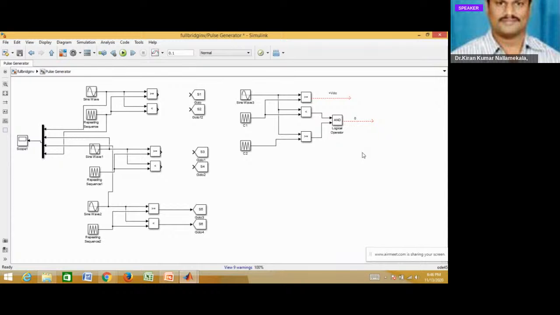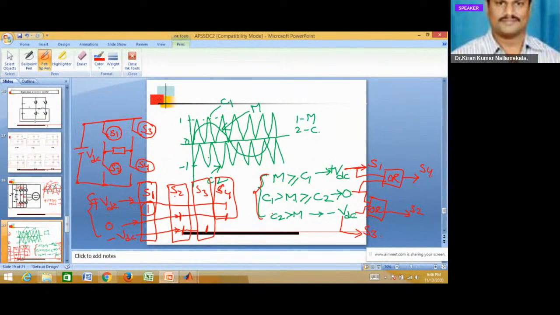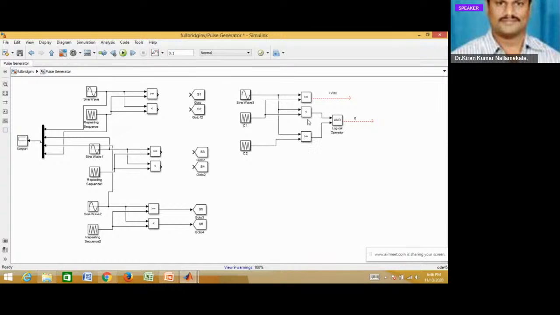Okay. Now the last one is the voltage level corresponding to minus VDC. M should be less than C2. M means the sine wave, and it should be less than the second carrier wave C2.